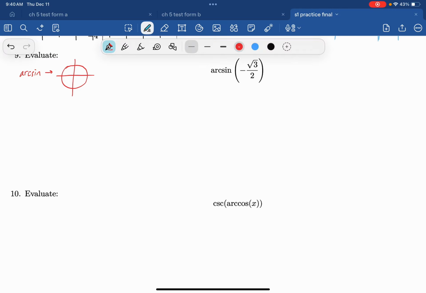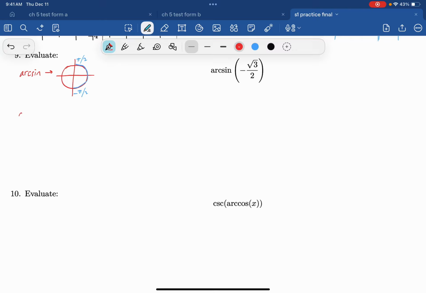So on the unit circle, it's only going to give you stuff in this region. And when we're here, it's always a negative angle. It's not going to be like 5 pi over 3, rather it will be negative pi over 3. So the range is always negative pi over 2 to pi over 2.